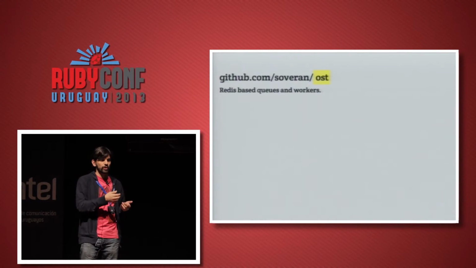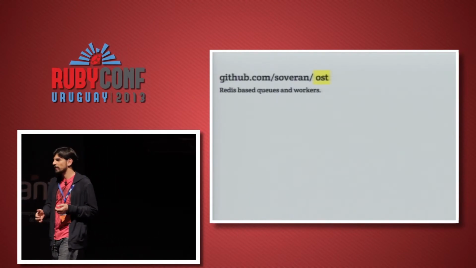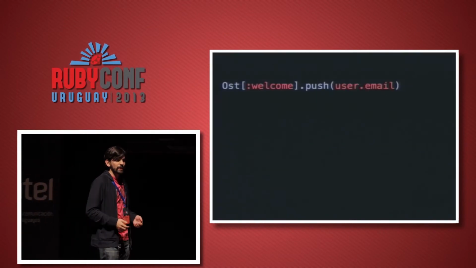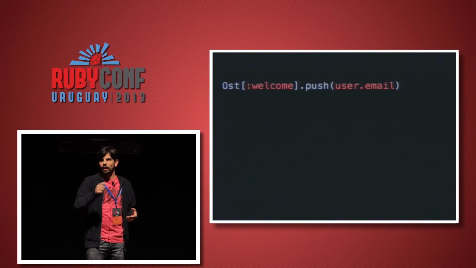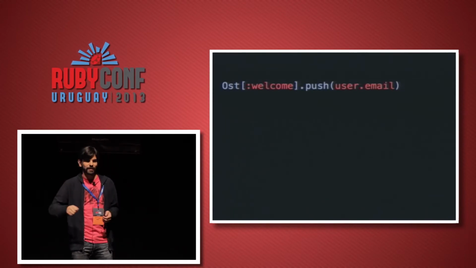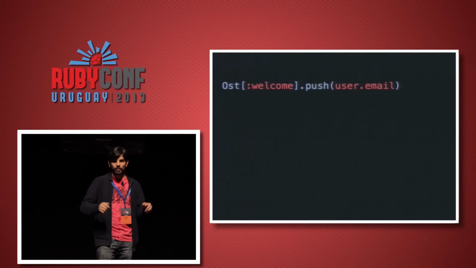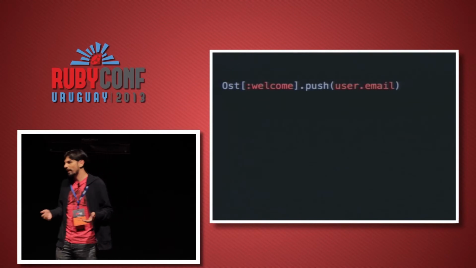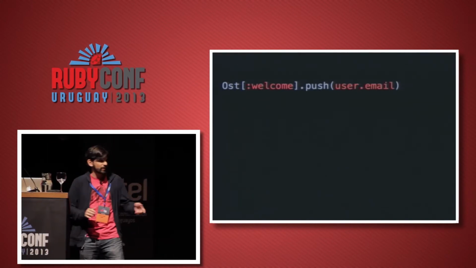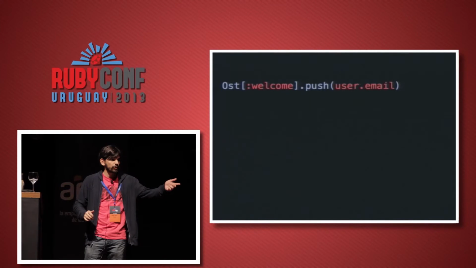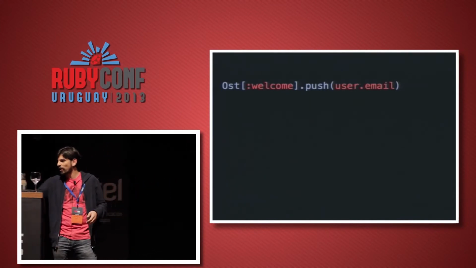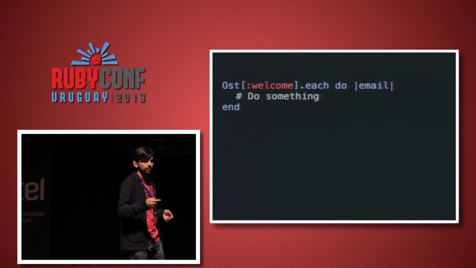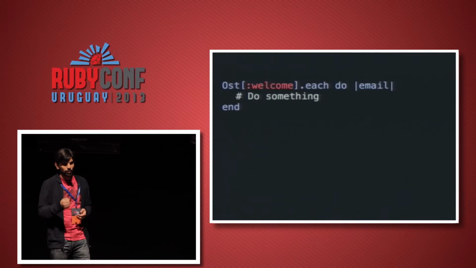You could send a job and serialize it, but the philosophy of Ost is to only send data. This is an email. And instead of using the option mailer, send, etc., and then picking this up, and I do .perform, or Resque or Sidekiq, here I send an email, then welcome is the name of a queue I'm using, and then I'm sending the email. I take out the elements from that queue, and I do whatever I want to do.